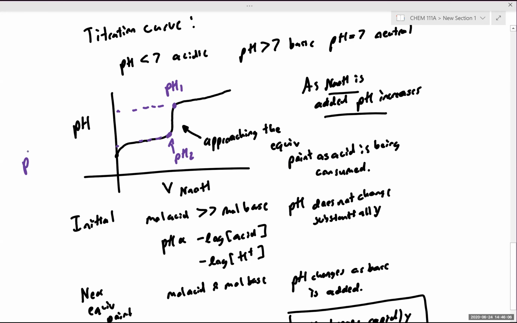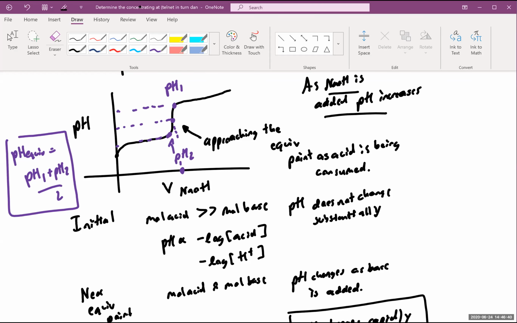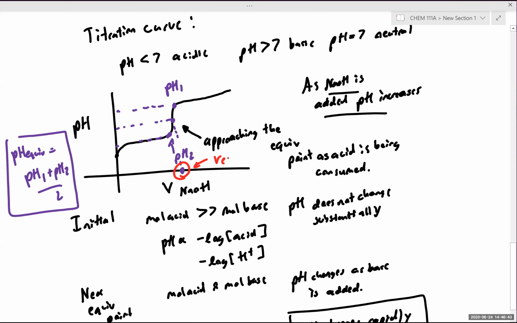And our equivalence point is the average of our two inflection points. So our pH equivalence is equal to pH 1 plus pH 2 divided by 2. Now, the goal of this entire process of identifying the inflection points and measuring pH as a function of volume is to determine the pH at the equivalence point so we can determine the volume of our equivalence point.